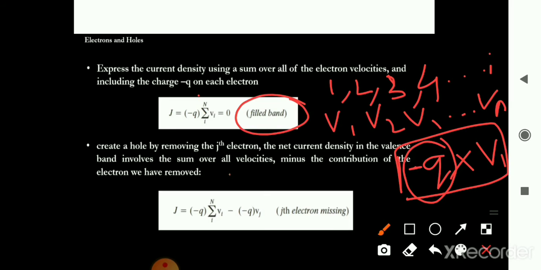So minus q summation of i equals 1 to n of Vi is equal to 0, because in a filled valence band there won't be any current flow. This is for the filled valence band.